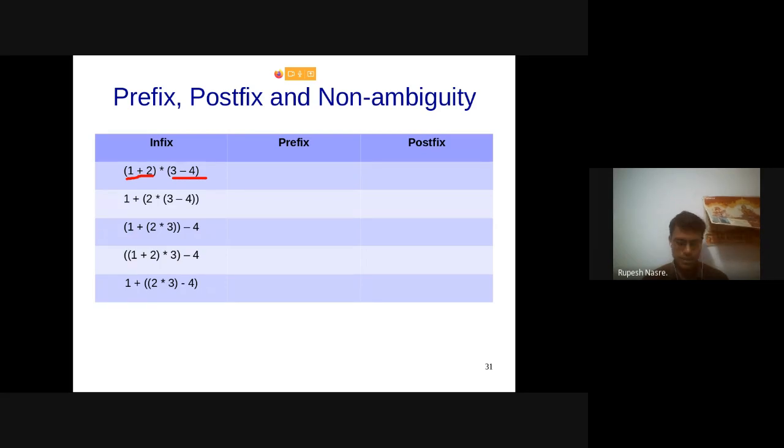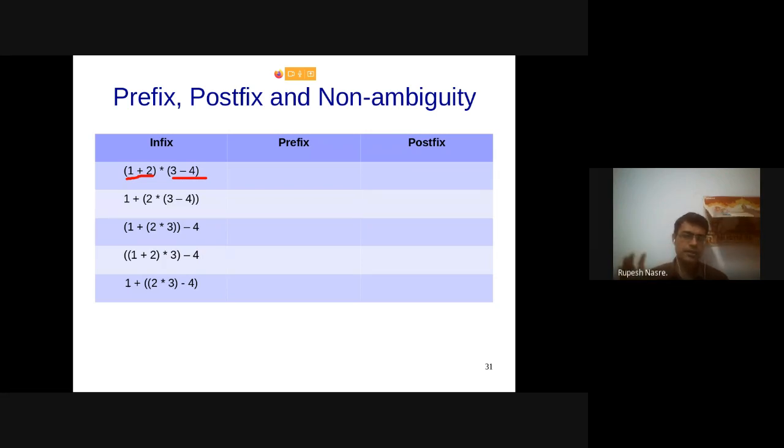If you notice in this case, not only the operands but also the operators remain the same in the infix form. Only the positions of the parentheses are changing, right? So it is 1, 2, 3, 4, and then there are plus, star, and minus having their positions exactly in that order.